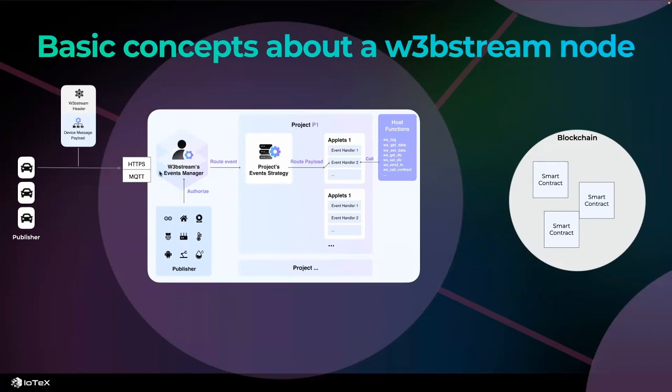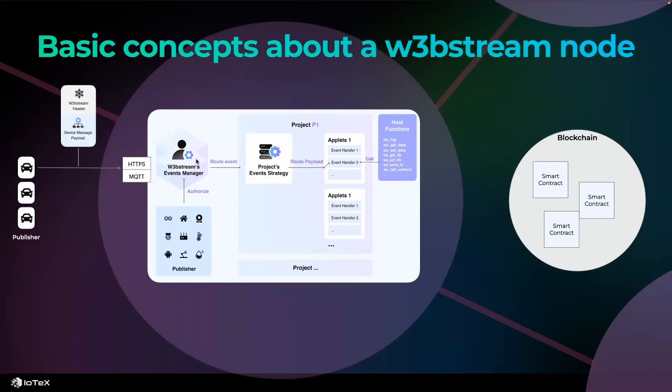And then once your message goes through the authorization step, depending on the W3bstream header that you have included in your message, this header will contain an event code that you define. You just define an event code that you want inside the header of your message.